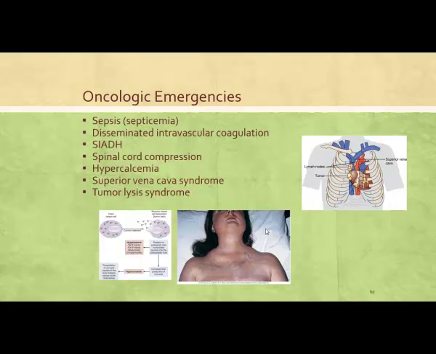And that tumor necrosis is what can also cause septicemia. And with septicemia, it can lead into DIC, or the disseminated intravascular coagulopathy. And DIC with cancer patients is usually due to a gram-negative sepsis.